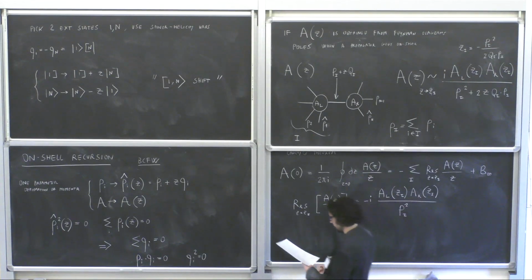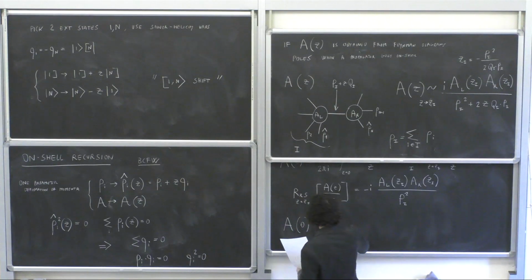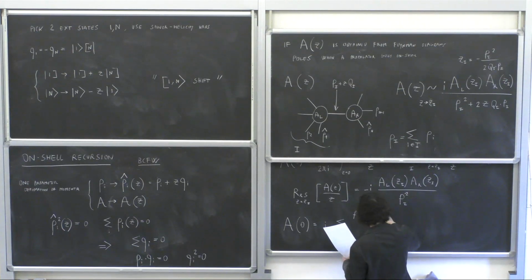So the final expression, which is the core formula of the BCFW recursion, is that you sum over all possible factorizations of intermediate channels the product of two lower point amplitudes.